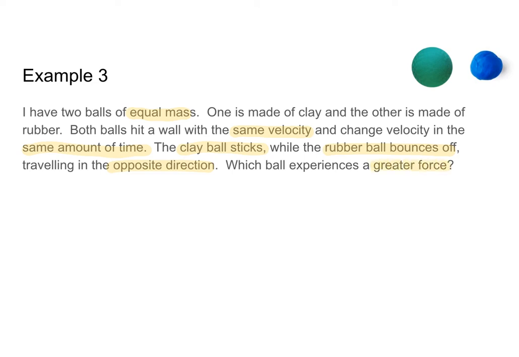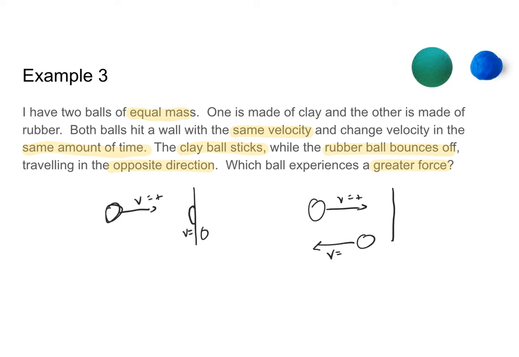So we have one ball that is going from having a positive velocity to a velocity of 0. And we have another ball that is going from having a positive velocity to a negative velocity.